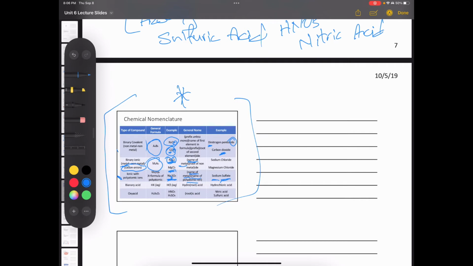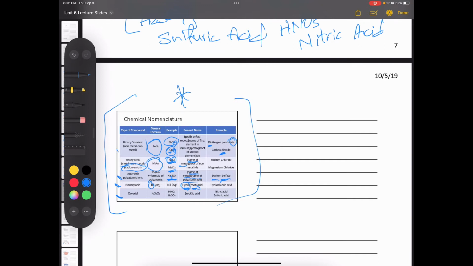Let's now dig into the acids. The acids, we have two categories that we have to focus on, which is either the binary acids or the oxyacids. If it's the binary acid, you'll use hydro, which refers to the hydrogen that you have here, plus the root of the nonmetal, either chlorine or bromine, and then you add IC acid.